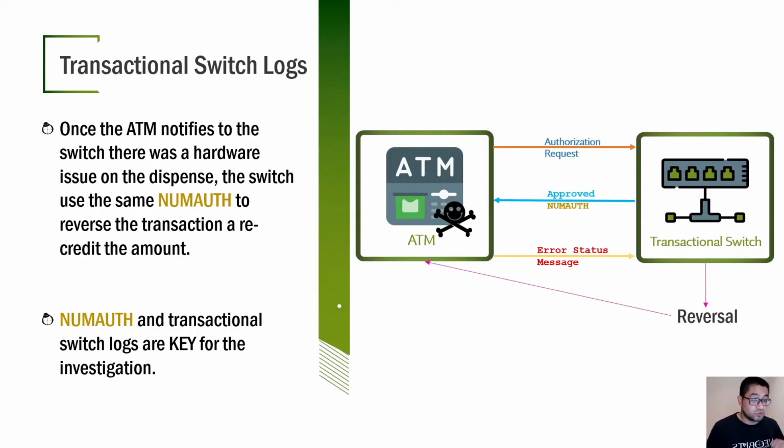Then the transactional switch will receive this error and will know that it needs to do a reversal. And the transactional switch will use the same authorization number to do the reversal. So if you go to the logs of the transactional switch, you will find two logs of this: one with the authorization number where the transactional switch approved the transaction, and another one where the transactional switch is going to do the reversal.